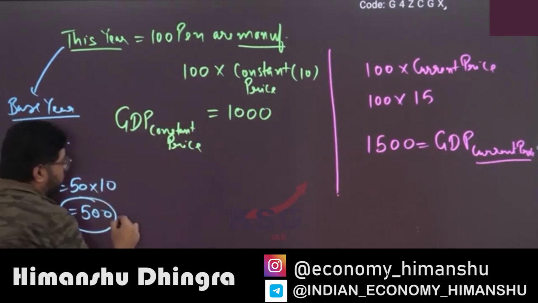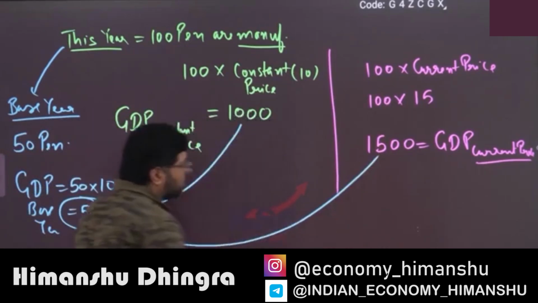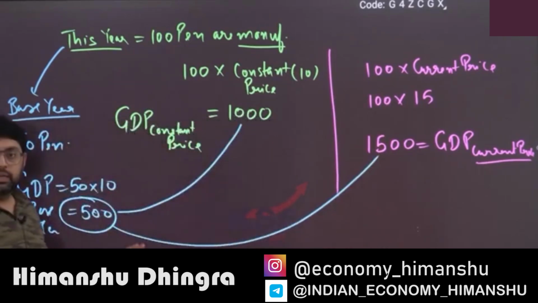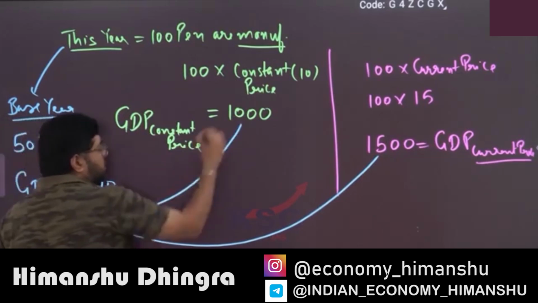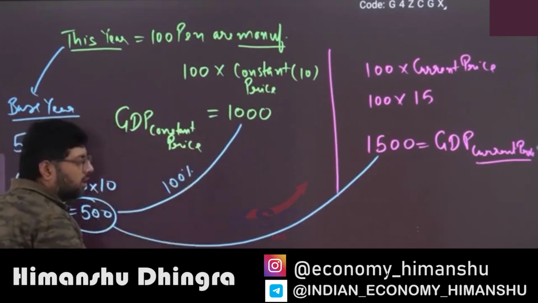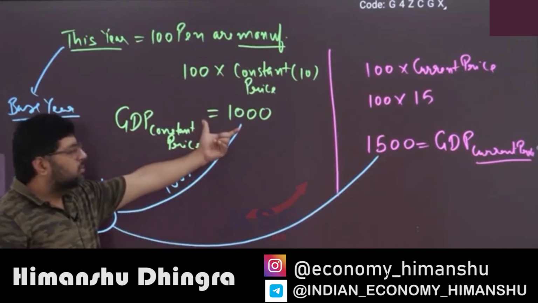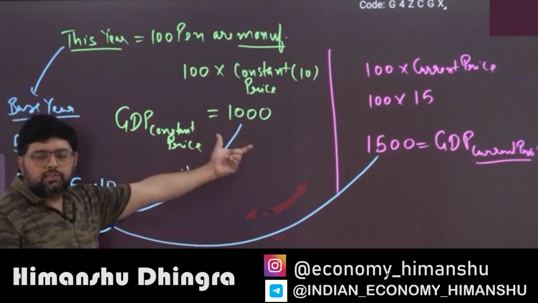If I compare 500 with 1000 and 500 with 1500, you will see that the growth rate is different. If I compare 500 with 1000, the growth rate is 100%.